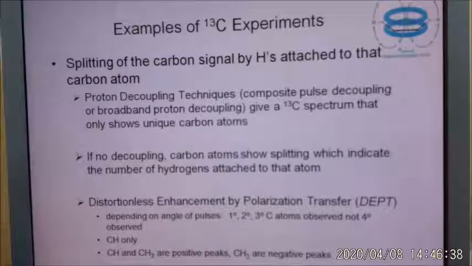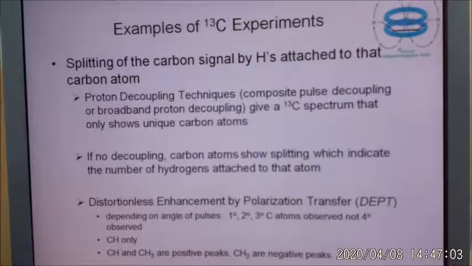So of the unique carbons that you see, you can say, okay, these are going to have hydrogens on it. Of those that have hydrogens on it, I know which ones are CHs only. And you can also do it so that your CHs and your methyl groups will be positive peaks for your carbon, and the methylene groups will be negative peaks.